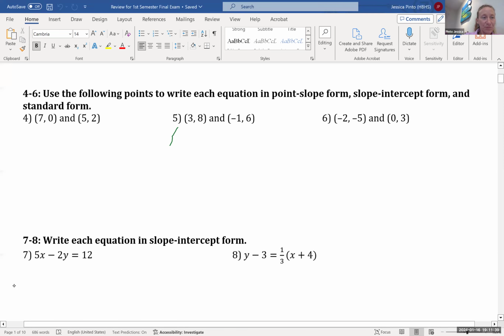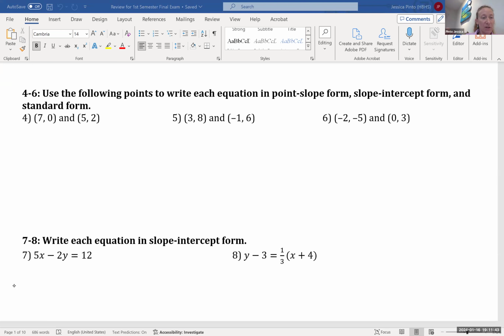Yes, we do. And the formula we want to write down is going to be first point slope form. My hope is that you have slope intercept form memorized, but maybe you don't. So point slope form, that's going to be y minus k equals m times x minus h.